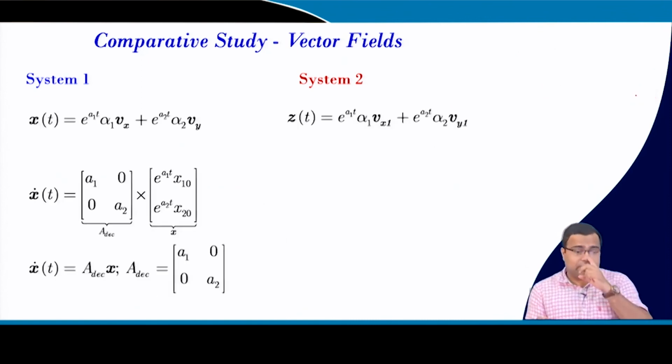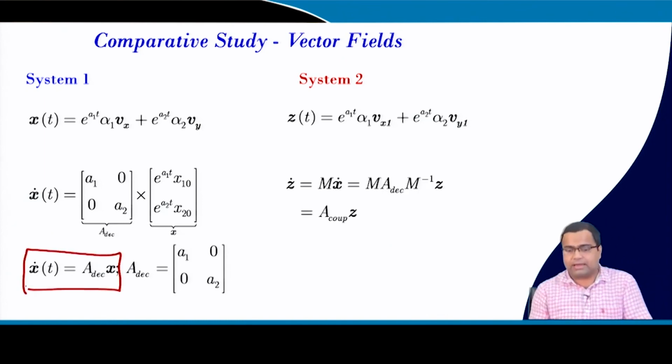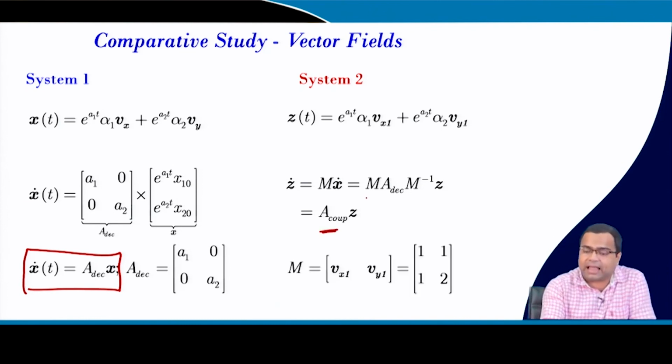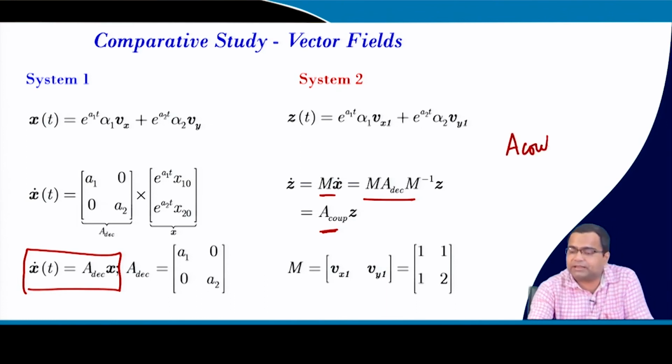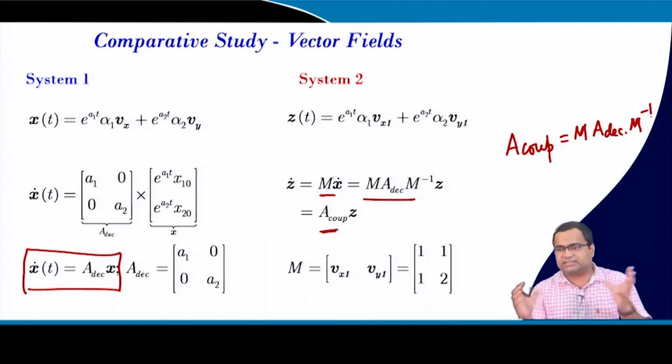Then if we obtain x dot of t, it is the representation of the autonomous system for system 1, and if you obtain z dot of t, you will get a coupled system. Because of the transformation, your coupled system here is nothing but M times the decoupled system times M inverse. So, this image transformation has changed the system matrix.